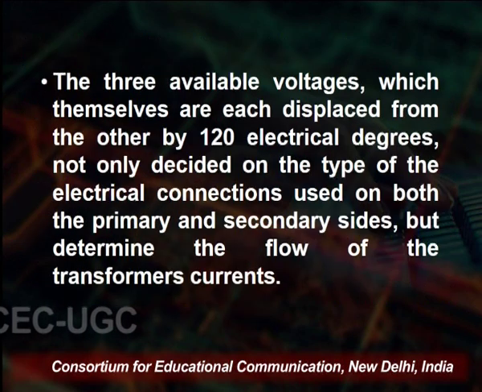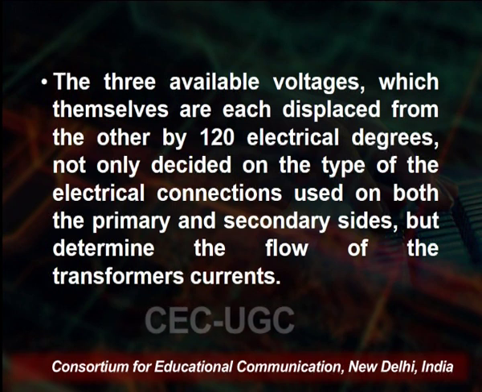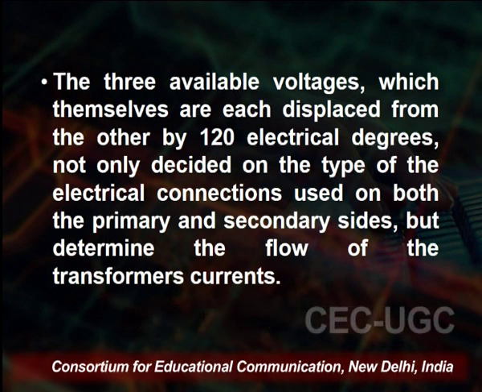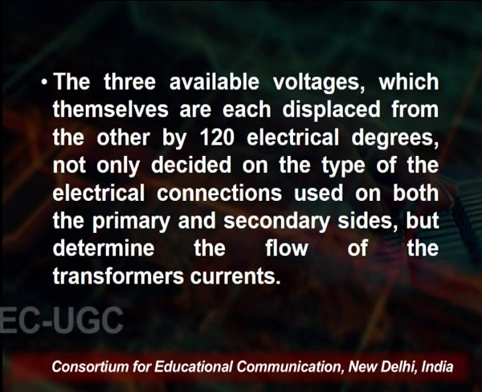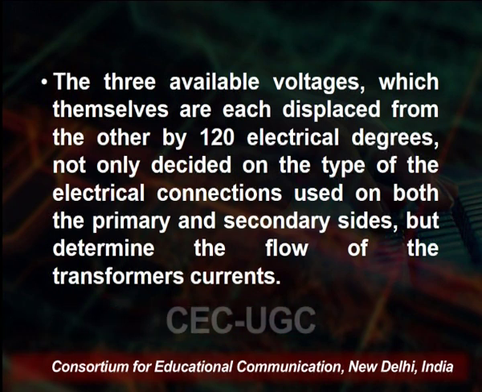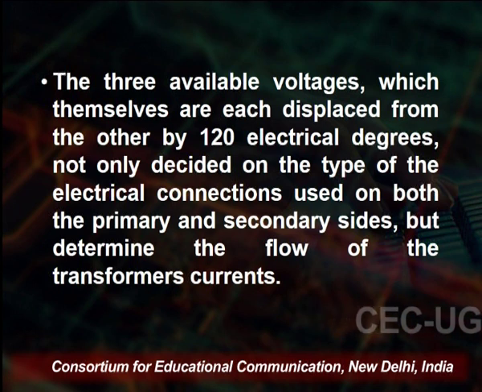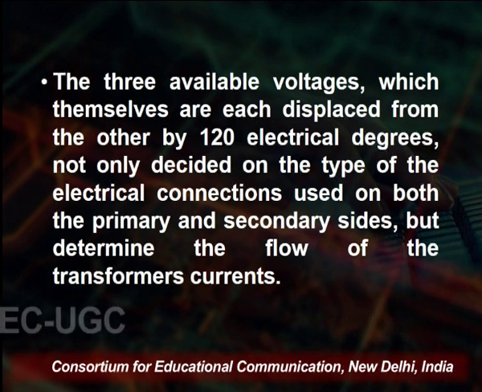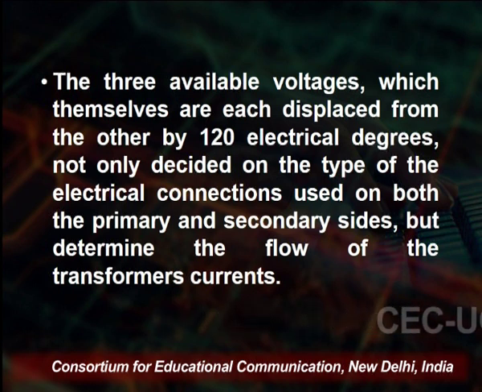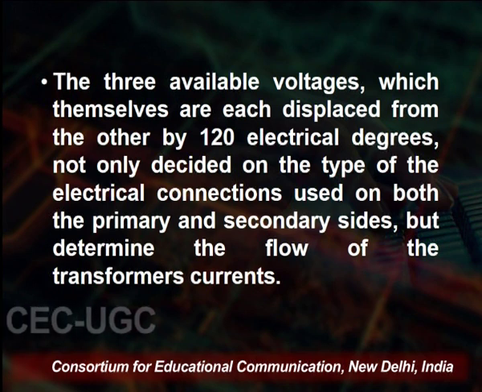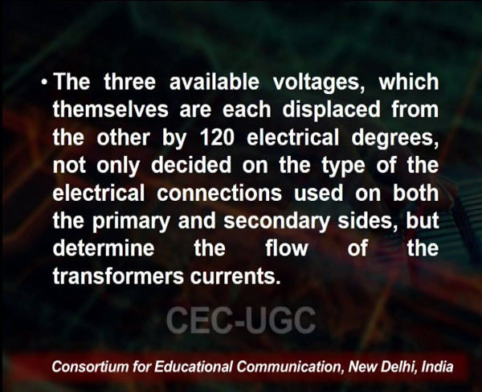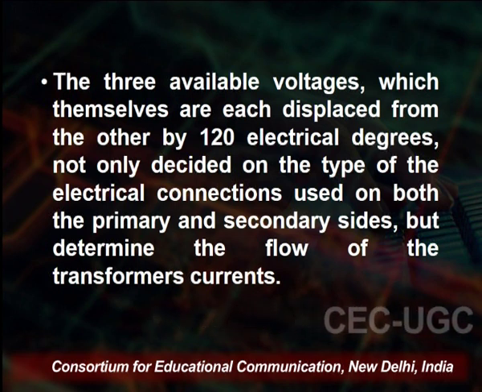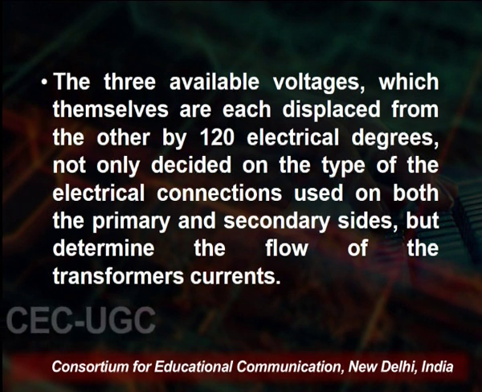So, we have three available voltages which are each displaced from the other by 120 electrical degrees. This is decided not only by the type of electrical connections used on both the primary and secondary side, but it also determines the flow of transformer current.